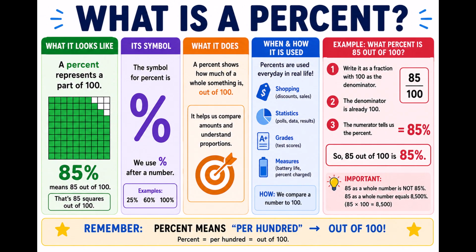So we write it as a fraction with 85 over 100. Since the denominator is already 100, the numerator tells us the percent. So 85 out of 100 equals 85%. Let's remember that percent means out of 100, and we use the percent sign after the number. So 85 out of 100 simply means 85%.